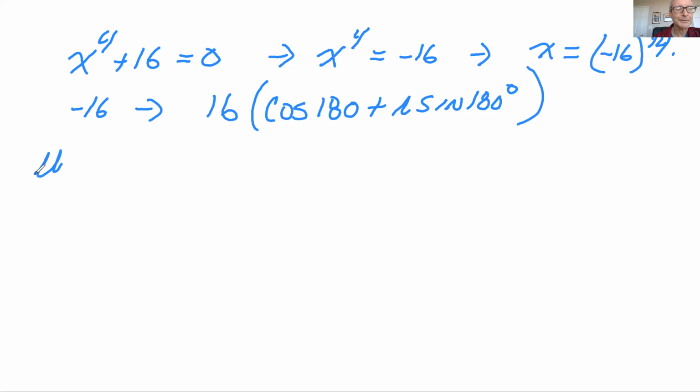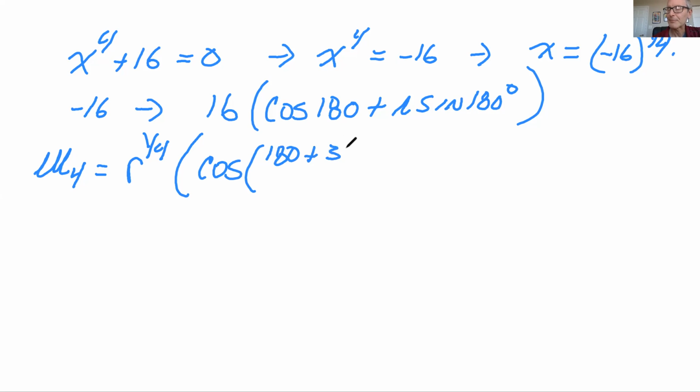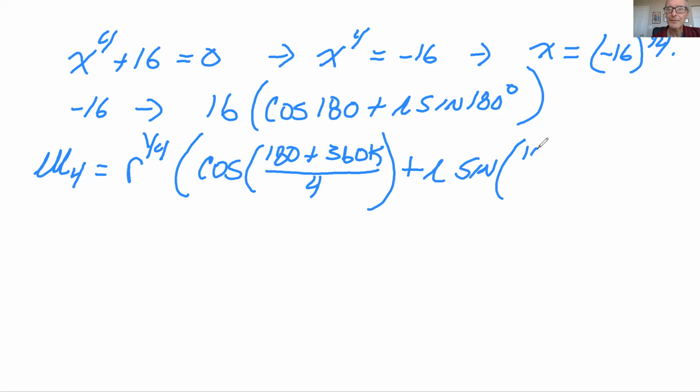So here's our equation, w to the fourth. And so that would be r to the 1/4 power. And then what we want to do is cosine, and theta is 180 degrees, and then we do 360, that's 2 pi, divided by n, which is 4, plus i sine of 180 plus 360k.